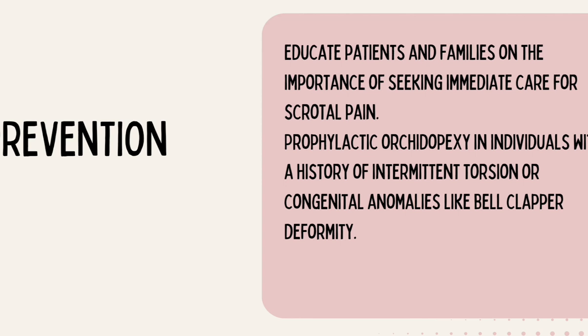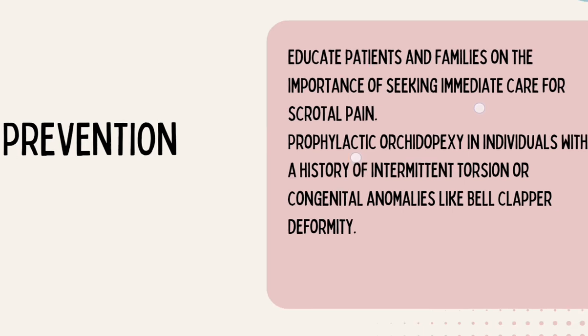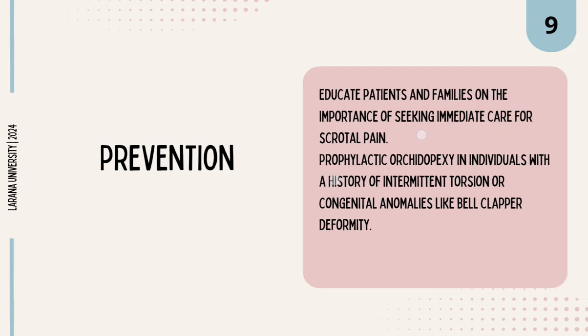This is the congenital anomaly that I have already talked about, which actually makes the patient prone to torsion. So these are the things that you need to educate the patient about.